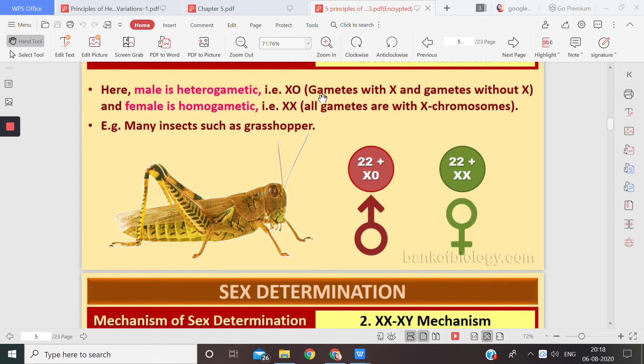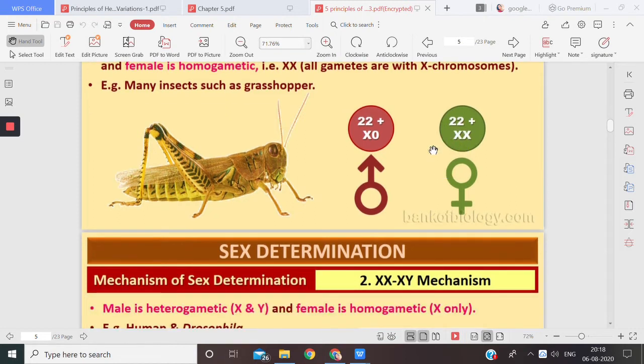Because the gametes here are gametes with X and gametes without X. Female is homogametic because she has two gametes and both are similar, X and X. So male has one X and the other without X, and the female has both gametes as X. This is 22 plus 1 pair, and 22 plus 1 pair here.